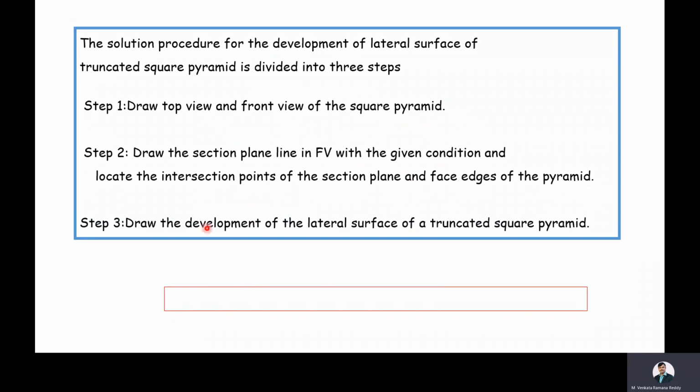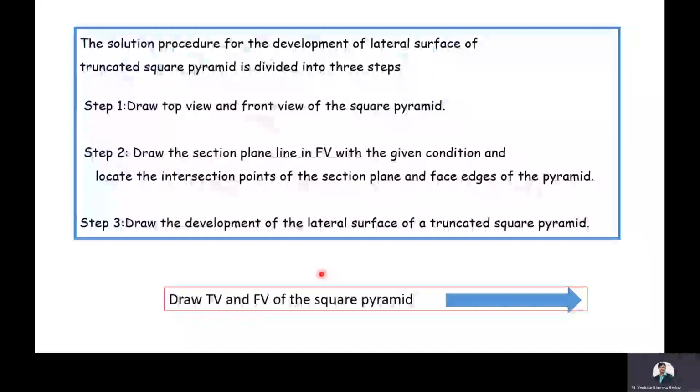Step 3. Draw the development of the lateral surface of a truncated square pyramid. Now we will move towards step 1, that is drawing top view and front view of the square pyramid, followed by step 2 as well as step 3.